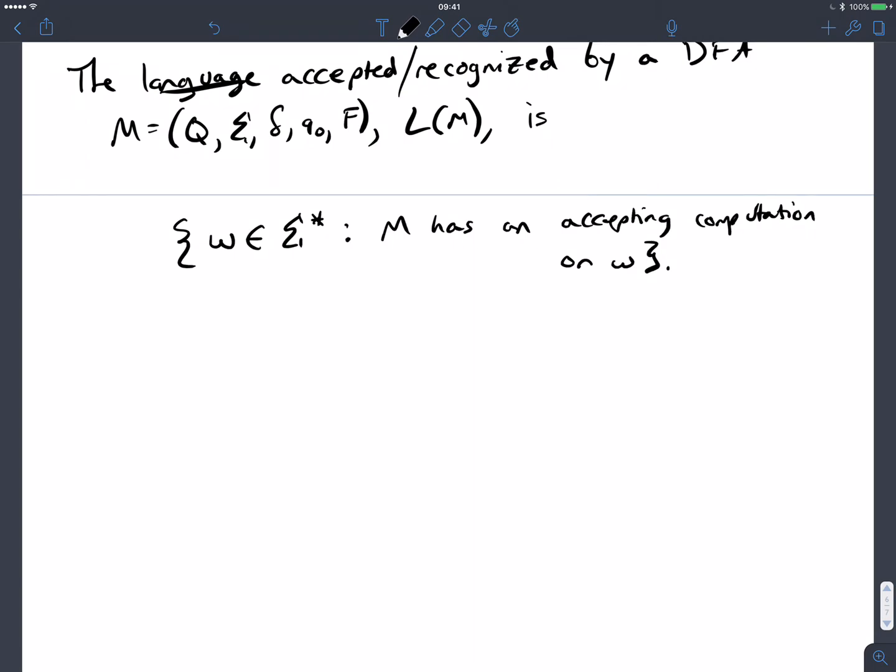It must have at least one state in its computation. So it has exactly one computation. Every string has exactly one computation. How many accepting computations could there be? Could there be one? Yeah, it may accept the input. Could there be two? No, because if there aren't two computations, there's no way to have two accepting ones. Could it have zero?